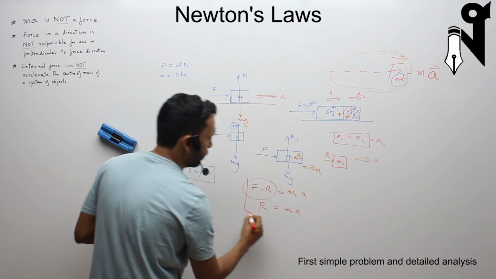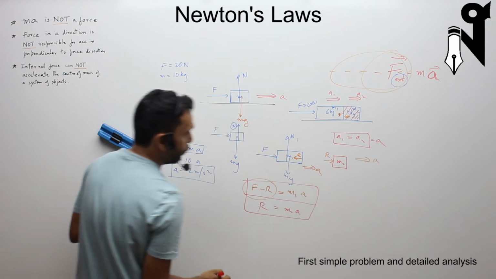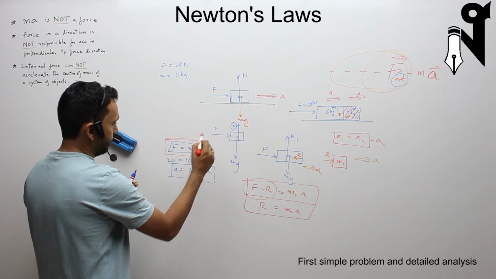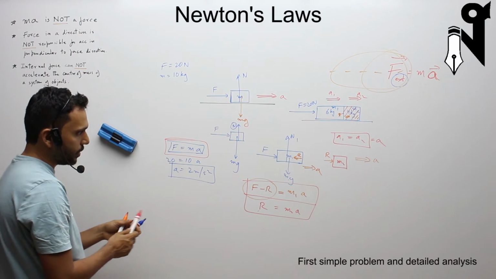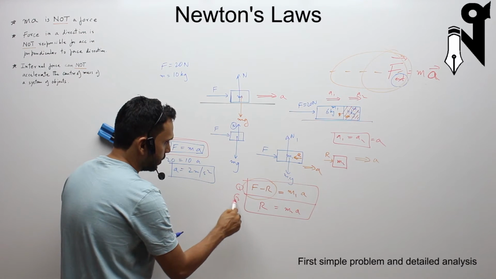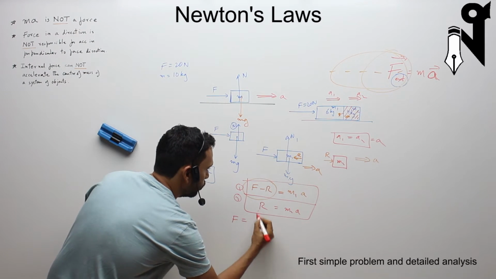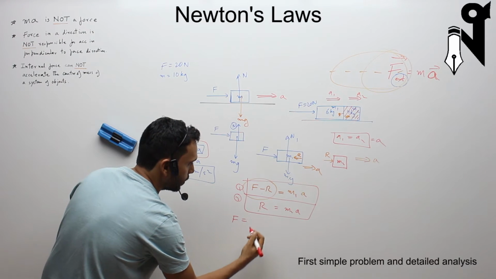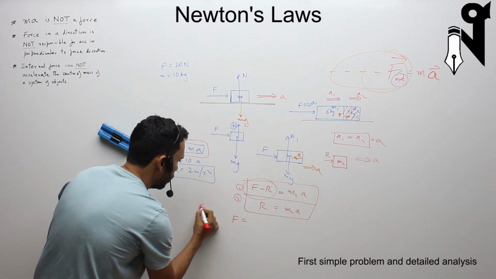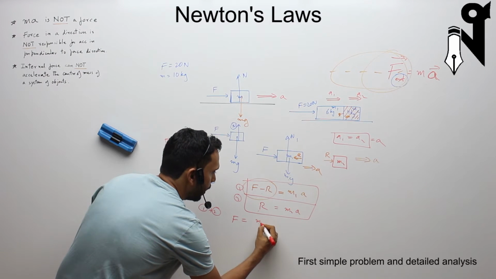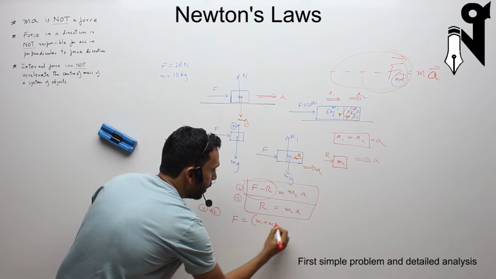These two equations are as good as the old equation, F is equal to MA. How is that? If I add equations 1 and 2, minus R plus R, the R gets cancelled. I'm adding the two equations to do away with the R. So I get F is equal to (M1 plus M2)A.